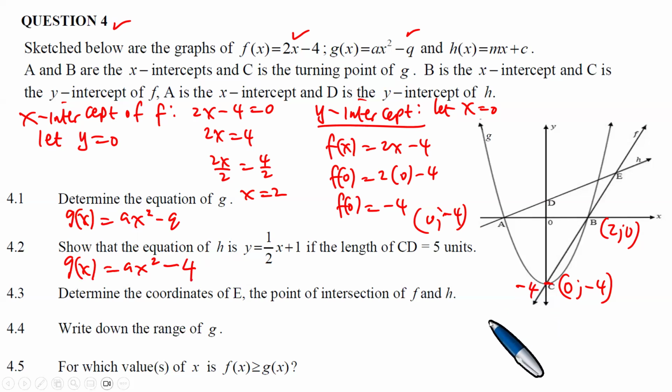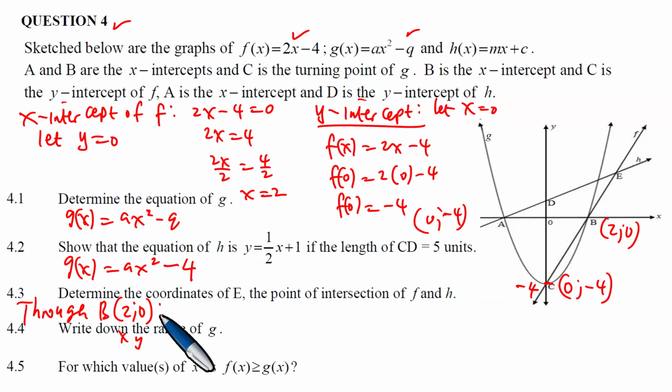Okay, that is something that you take note of. But obviously, you need to find the value of a. To find the value of a, you need to find one point through which it passes. So this graph passes through B with the coordinates 2 and 0, which means you have x and y.